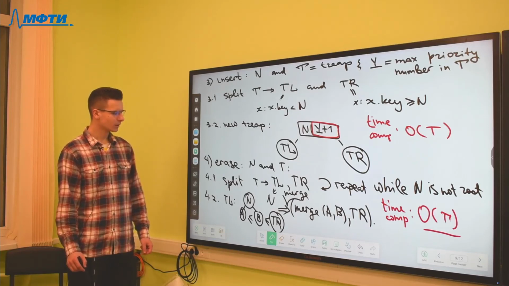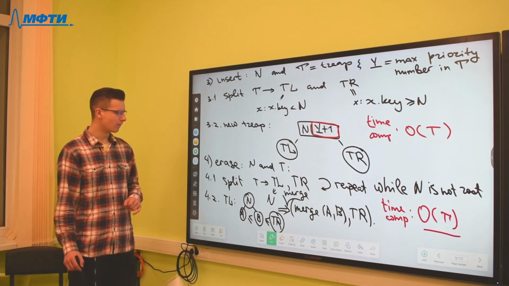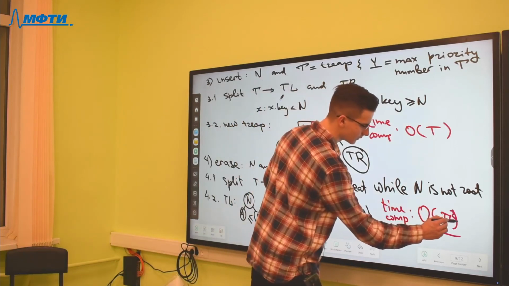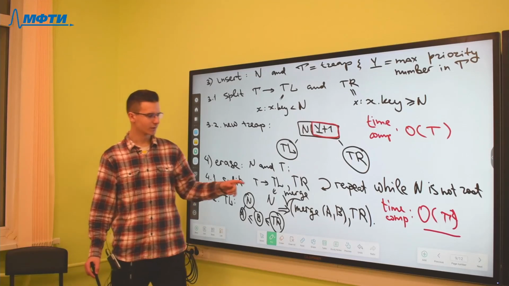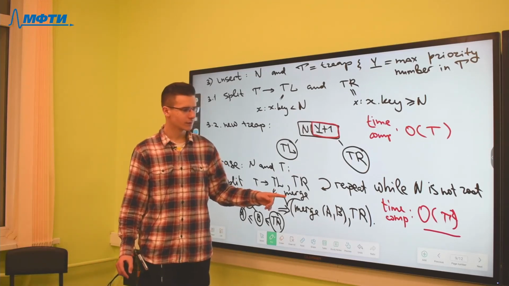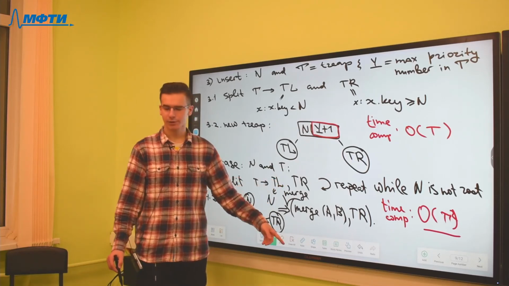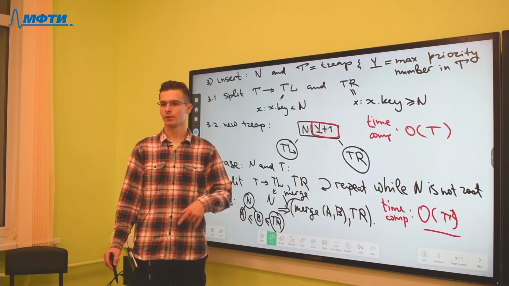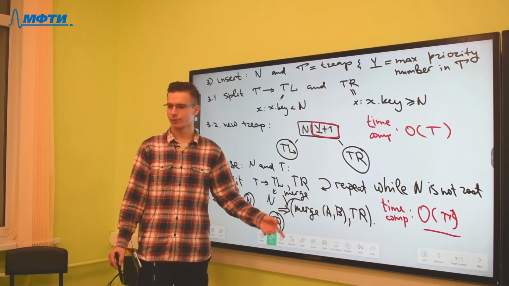But if we look at this algorithm, of course it is T to the power 2, because we spend depth-many merging operations, and all the merging time will be equal to O of T squared.